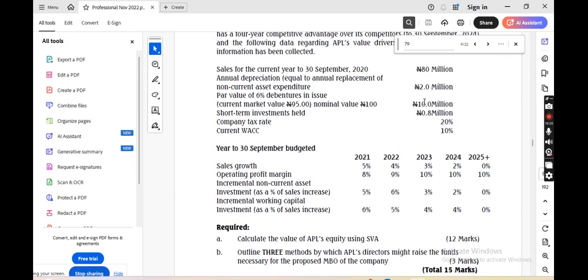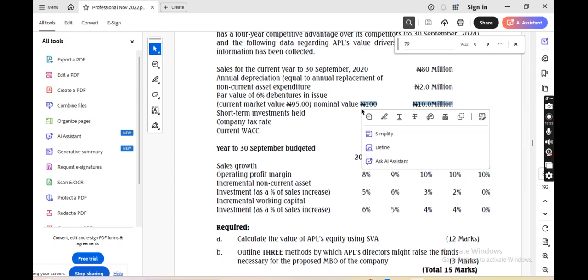Under the cost of capital, this is like a capital structure. 10 million is the nominal value. Get the number of stock. When you get the number of stock, what is the market value per stock, per debenture?